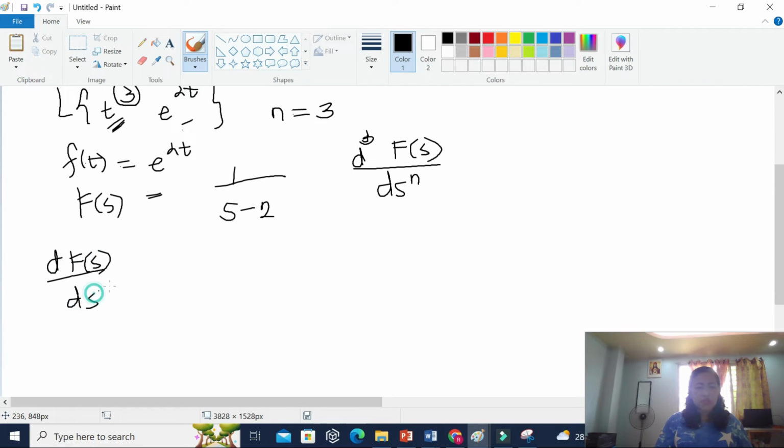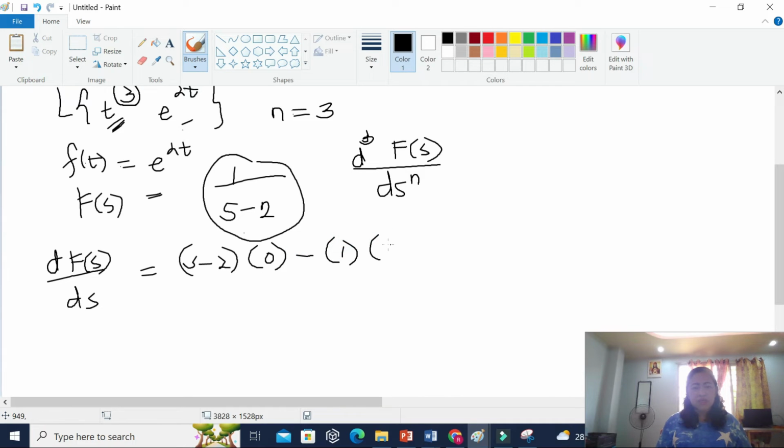How do we differentiate this? It is a quotient: the derivative of a quotient. For s minus 2, the denominator times the derivative of the numerator, which is equal to 0, minus the numerator times the derivative of the denominator, which is equal to 1, divided by the square of the denominator.